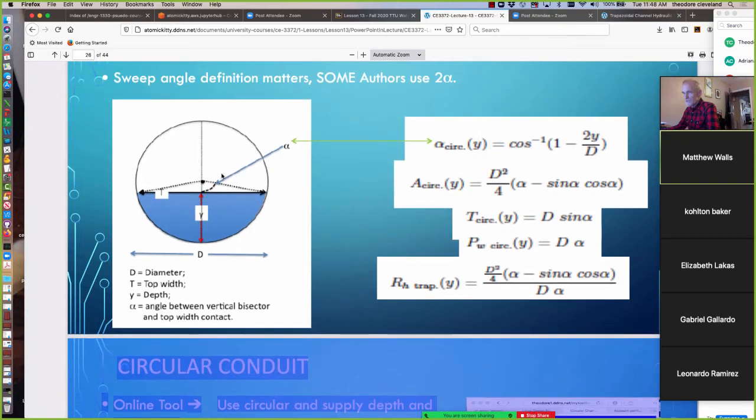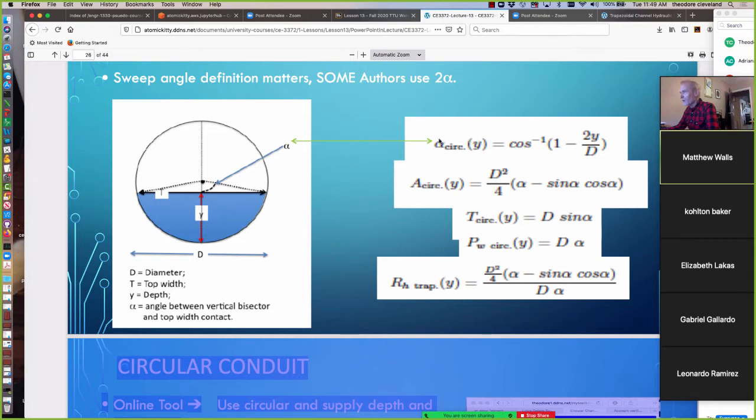So using this half angle approach, the angle alpha of this portion from the vertical bisector to the radius is the arc cosine of 1 minus 2y divided by the diameter. And you could verify that yourself by drawing the necessary triangles.